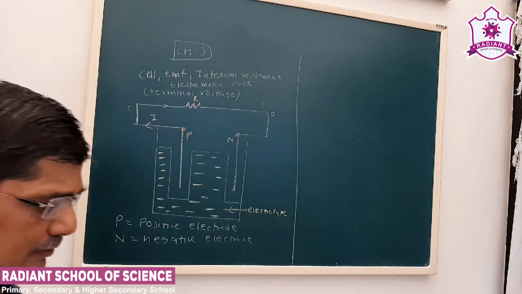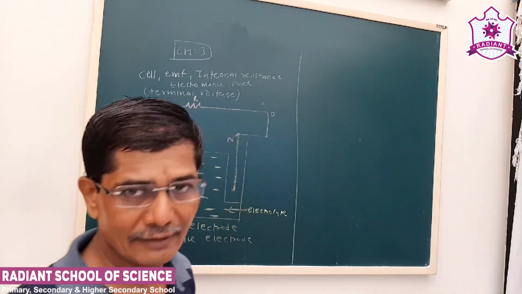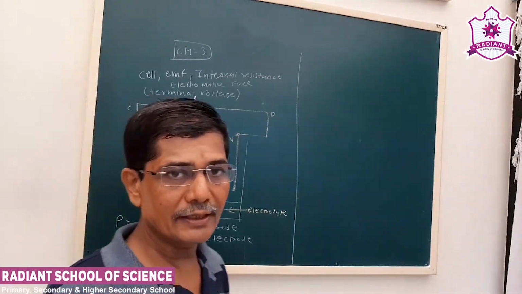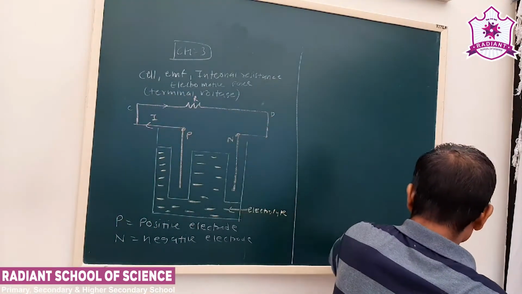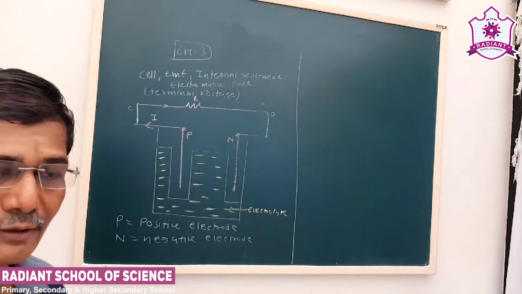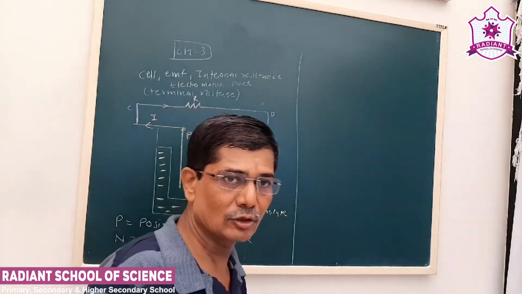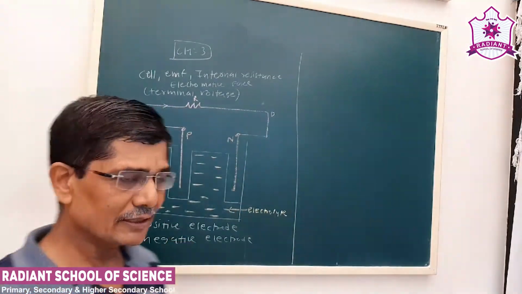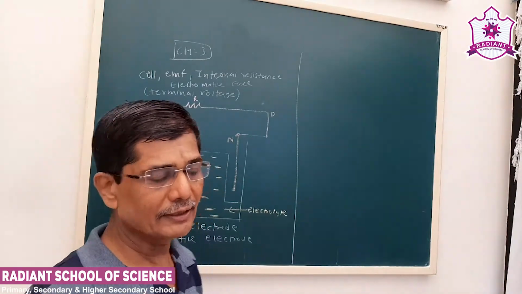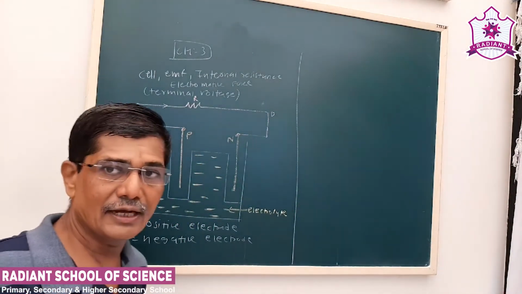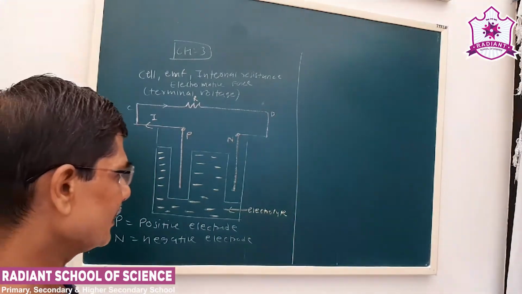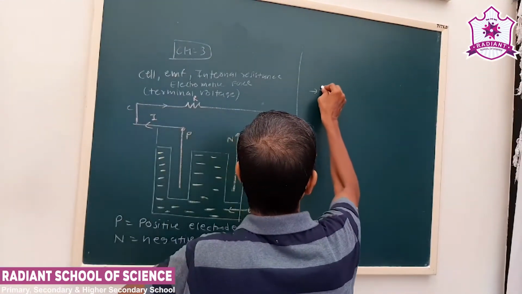We know that a cell is a device to maintain steady current in the electric circuit. Now here we have to see how it works. We know different kinds of cells. Dry cells you have studied earlier, and in chemistry we will also study electrolytic cells in electrochemistry. Right now we see how an electrolytic cell works.